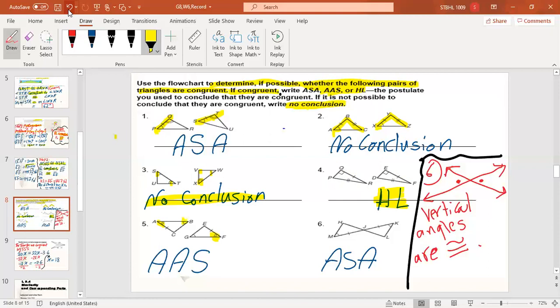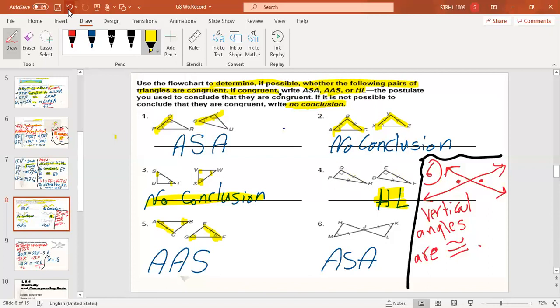Angle B is congruent to angle G. Both have only 1 arc. And here is the side. Line segment AC is congruent to line segment EF. So these 2 triangles are congruent by angle angle side.